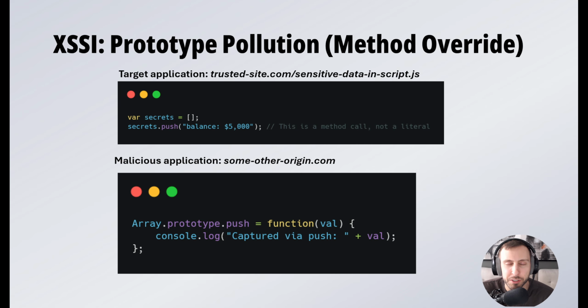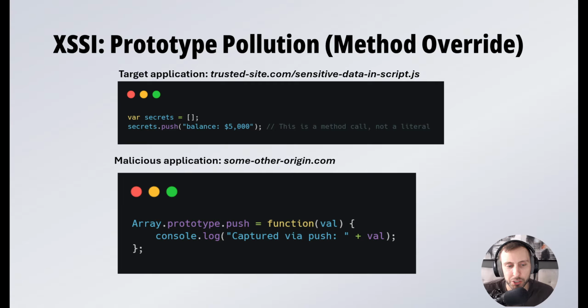I'm sure there's some resources out there that keep track of modern techniques that work, but I haven't seen many great ones. Anyways, in this case, we create a secrets array on our site that we want to protect the data of, and then we use secrets.push. And here, what we're doing is we're using a method call as opposed to a literal.